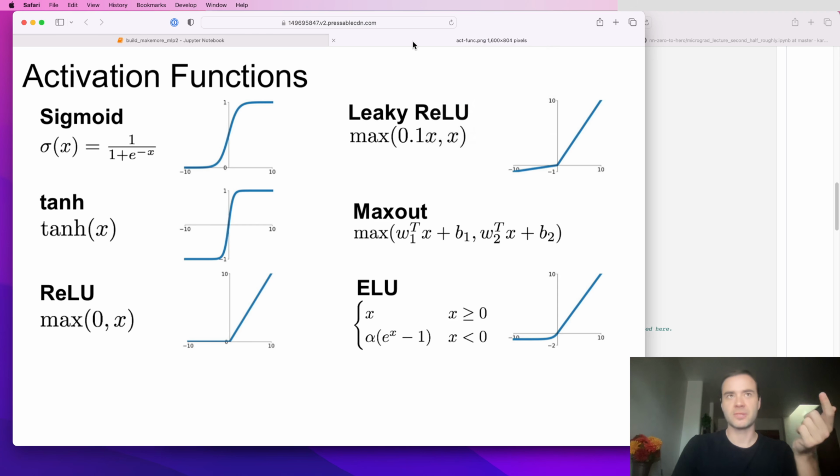This is true not just for tanh, but for a lot of other non-linearities that people use in neural networks. So we certainly use tanh a lot, but sigmoid will have the exact same issue because it is a squashing neuron. Basically the same will apply to sigmoid. The same will also apply to ReLU. So ReLU has a completely flat region here below 0.